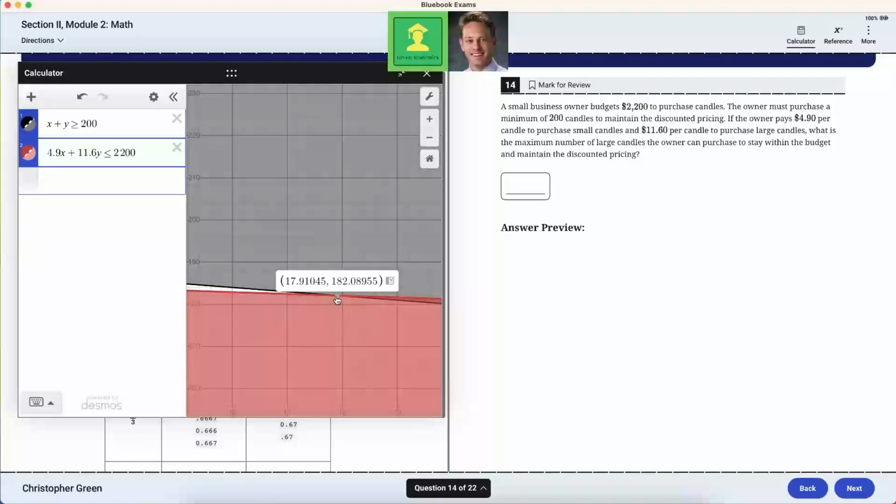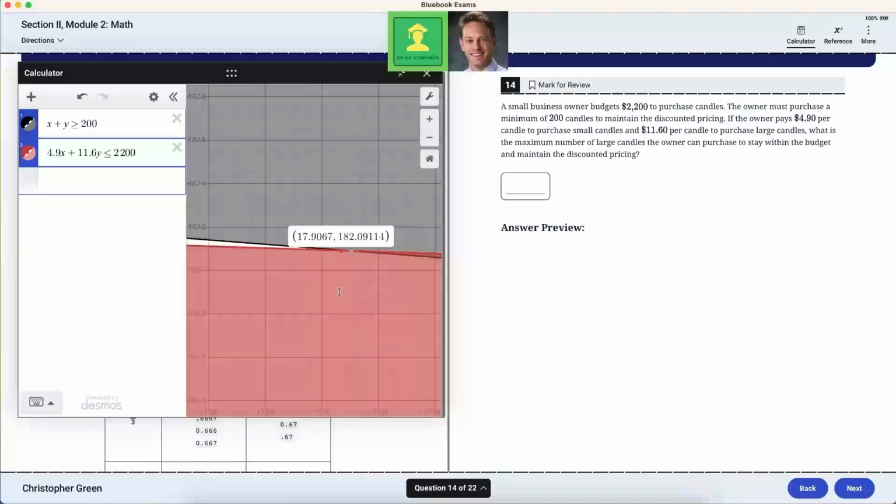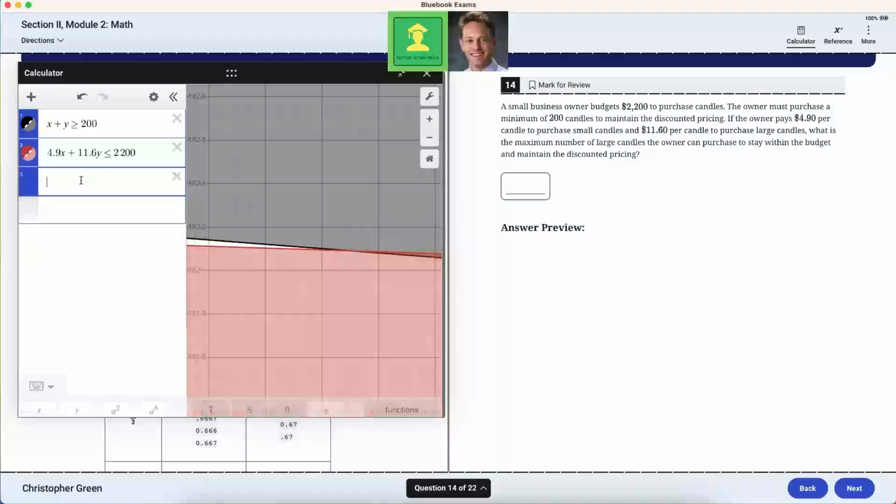So the corner in here is the Y value being 182. So I believe what's happening is the maximum number of large candles, I believe it's 182 because that's effectively the integer that's at the edge of the overlap pocket.